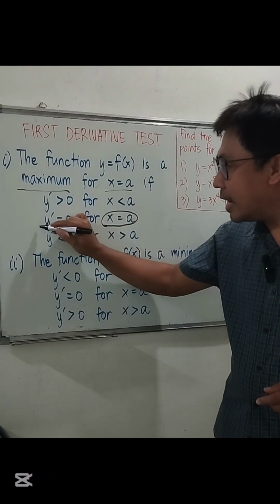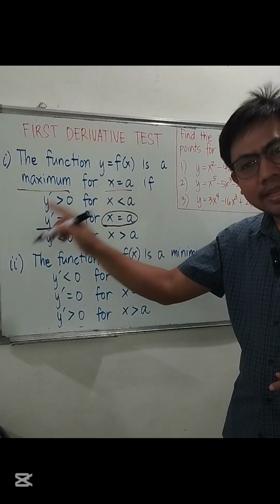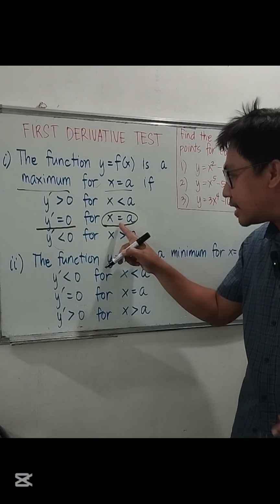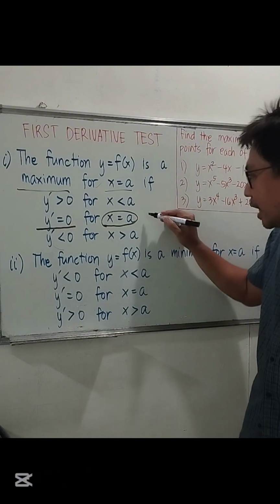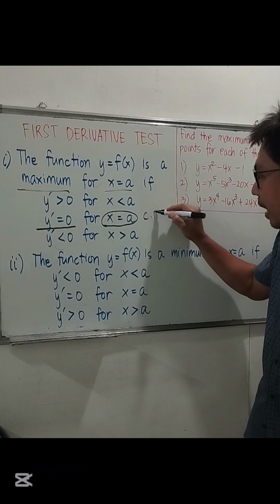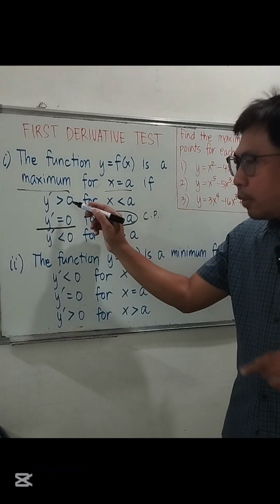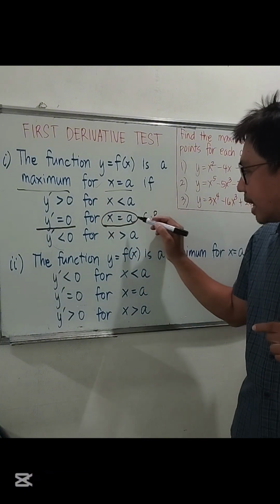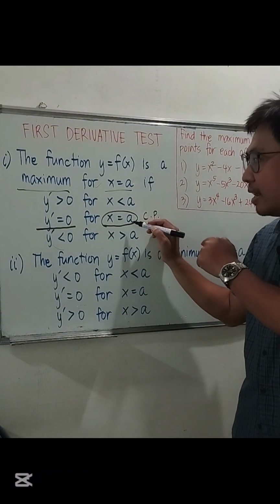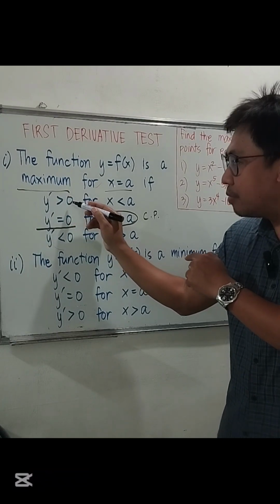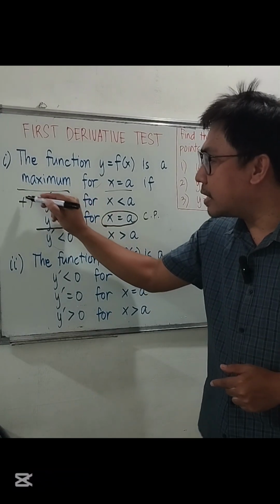First, we get the derivative, then equate it to 0 and solve for x. That x is the critical point, x equals a. Then we pick a number less than a and a number greater than a. For x less than a, y prime is greater than 0, so the sign is positive.